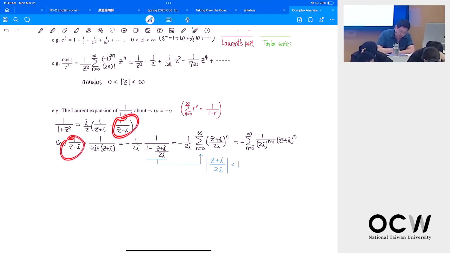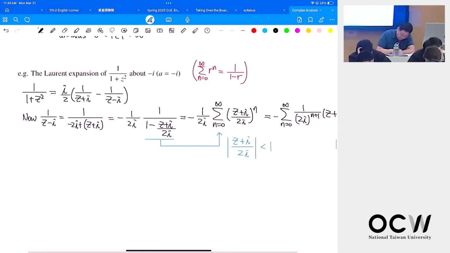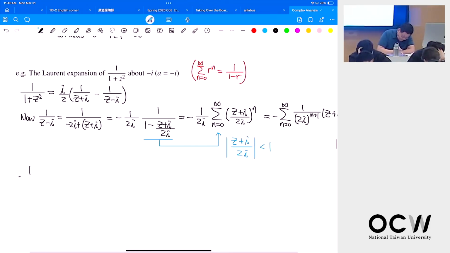We can rewrite this complex function 1 divided by 1 plus z squared.